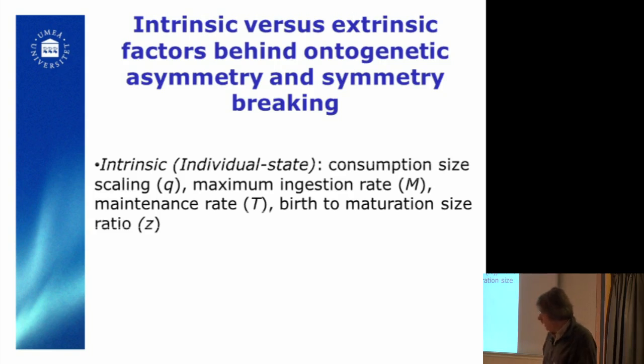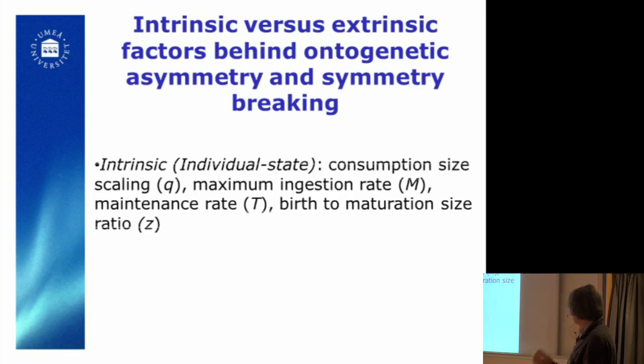And another aspect here, which is of course also related to the individual, is the birth to maturation size ratio, which I have called Z. We can think about it as important in this context because it affects the time delay. The smaller this ratio is, the longer it generally takes to reach adulthood.